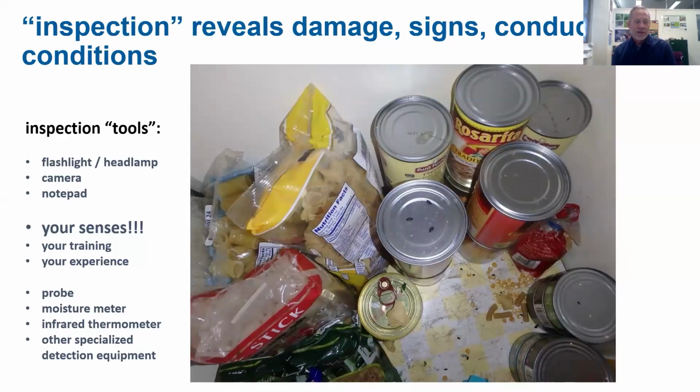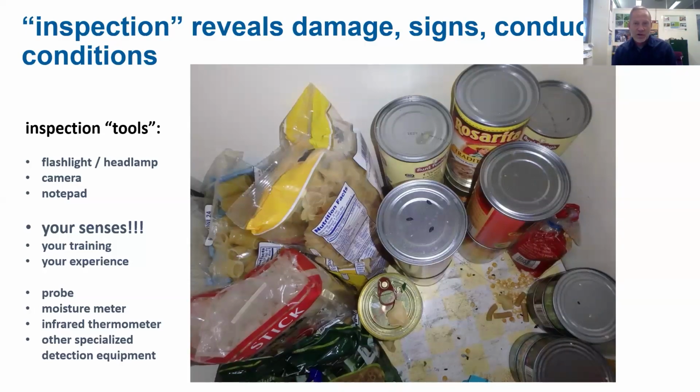So you might be using a flashlight or a headlamp to look into dark areas where the pests may be. You should be using a camera to record what you see, maybe a notepad to draw a diagram of the structure you're inspecting and record your observations. But it's really important that you're using your senses, especially your eyes, but you may be using your nose.